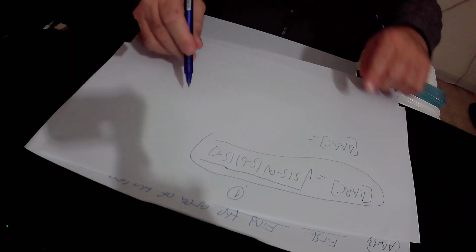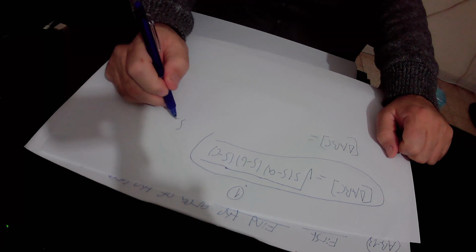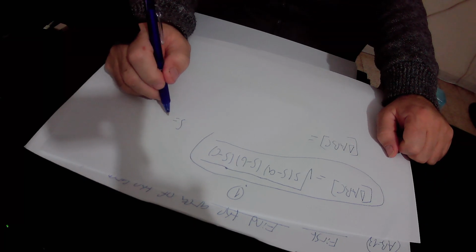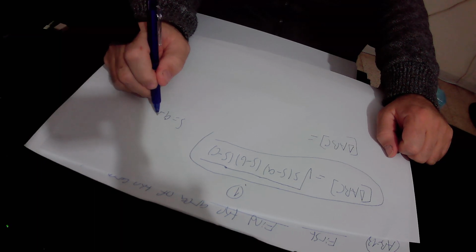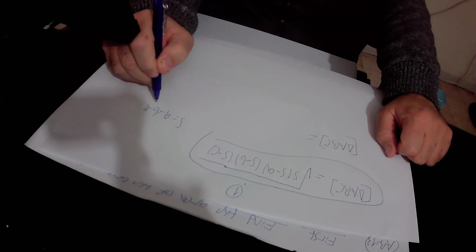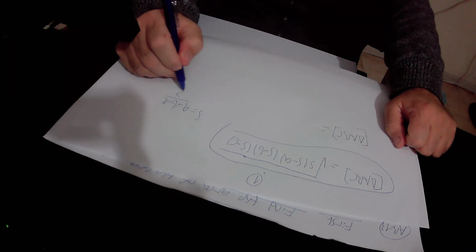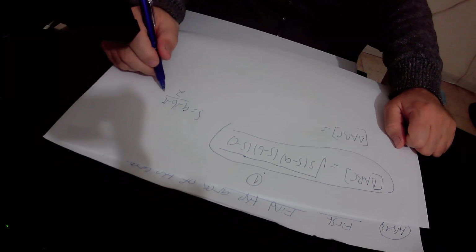As I already mentioned, the semi-perimeter will be equal to the perimeter, that is the sum of the side lengths, A plus B plus C, divided by 2. We get the semi-perimeter S.